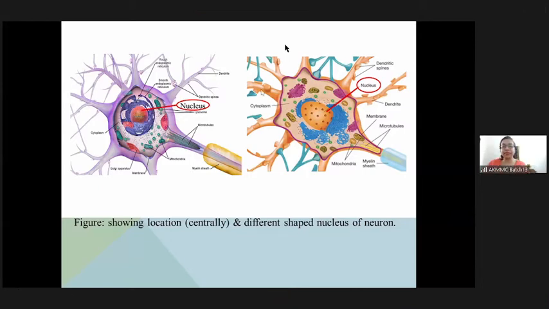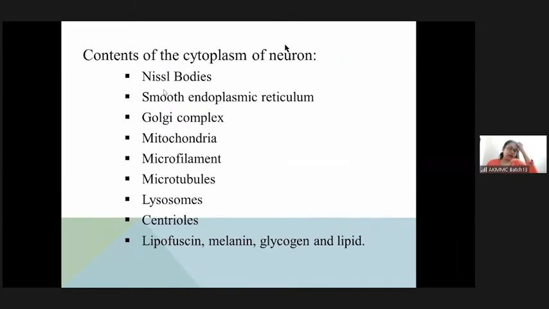Okay, Nissl body. তাহলে contents of cytoplasm: Nissl body, smooth endoplasmic reticulum, ribosome, some filaments like microfilaments, microtubules, lysosome, and some pigment cells.